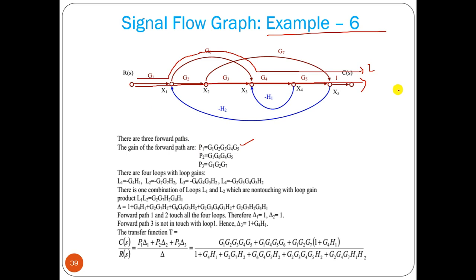That is your second forward path: G1, then G6, G4, G5. And we can have another forward path. We can go up to this point, then jump this way and reach the output. So G1, G2 into G7. So here we have a total of 3 forward paths.